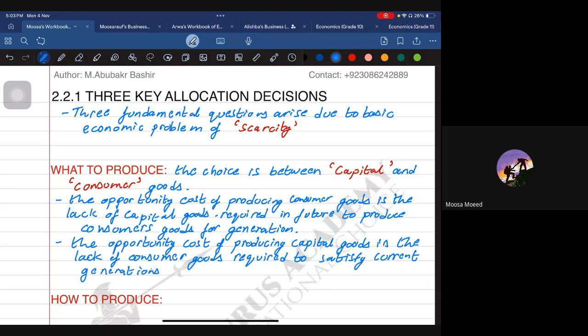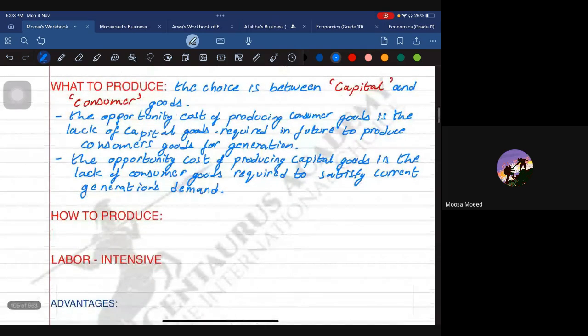And if you are making more of capital goods, तो उससे क्या होगा कि you are making less of the consumer goods, which means कि जो आज की current generation की requirement है of the consumer goods, वो fulfill नहीं हो रही. तो in one way or the other, you are sacrificing either your current generation or the future generation. So a balance must be kept between the production of the capital and consumer goods.